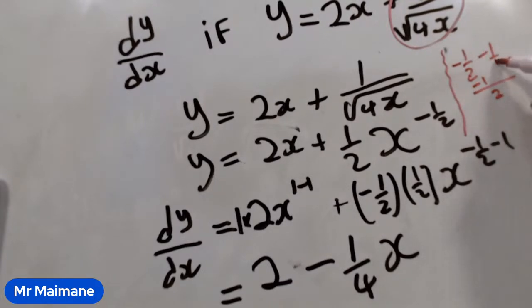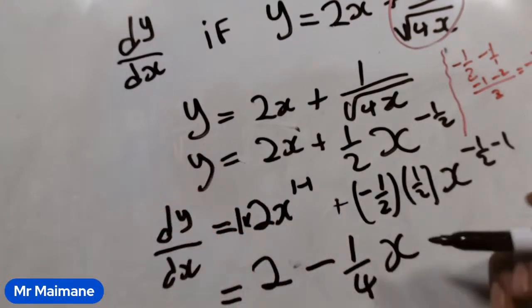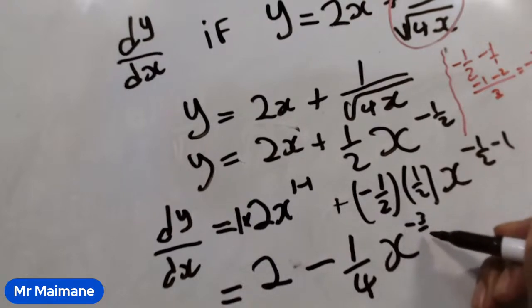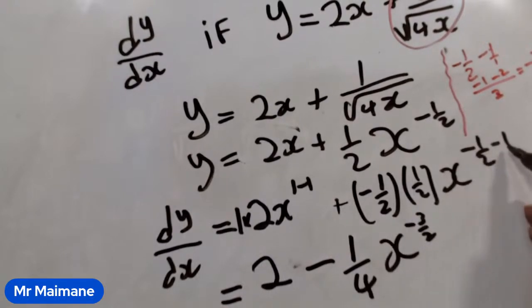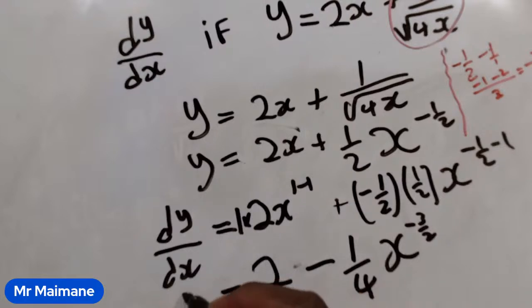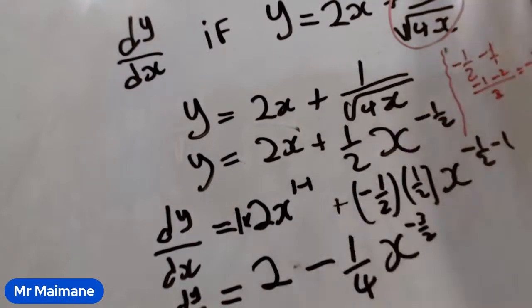This one is over 1. 1 goes twice into 2. 2 times minus 1 is minus 2. Therefore, this is going to be minus 3 over 2. This means that here we'll have minus 3 over 2, because minus 1 over 2 minus 1 is a fraction minus a whole number. So this is how you differentiate. This is our differentiation. This is our differential. This is our dy over dx.